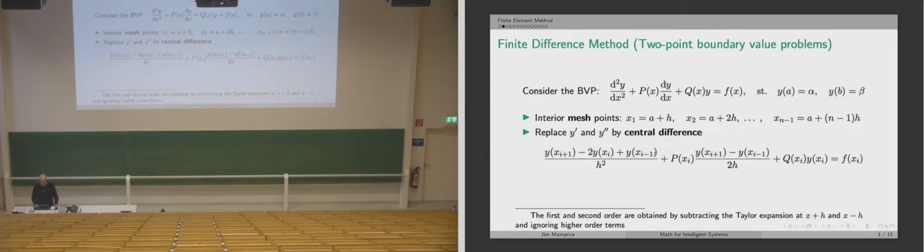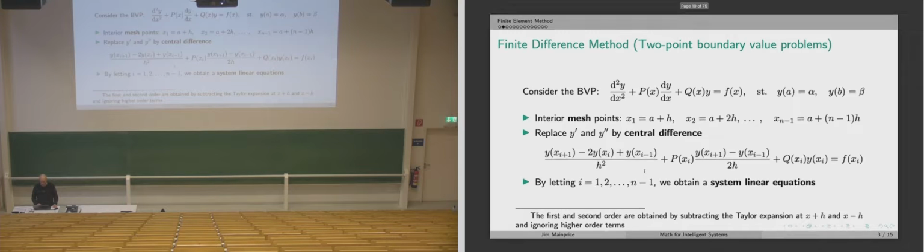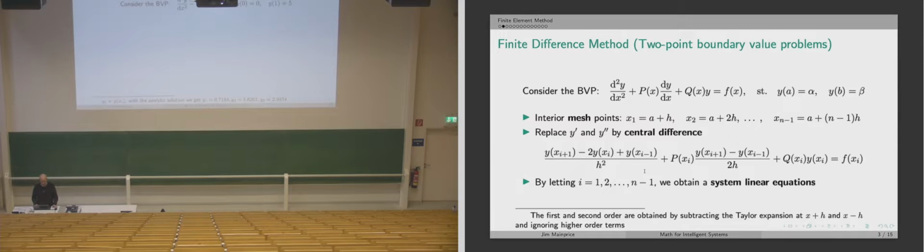Okay, so evaluating the differential equation at these mesh points gives us a set of linear equations, and we're going to solve that linear system by simply inverting the matrix where we compute the coefficients in a particular way, which I'm going to show here on this example.